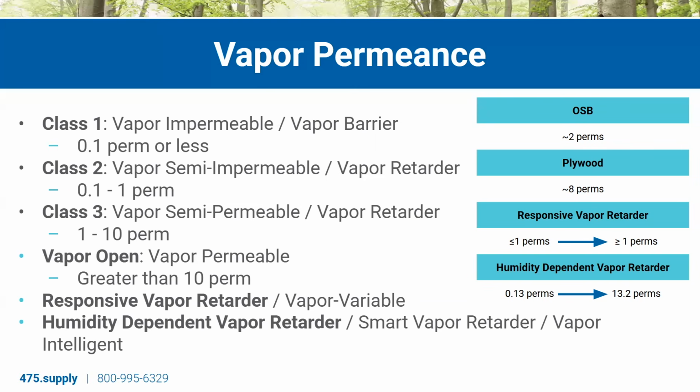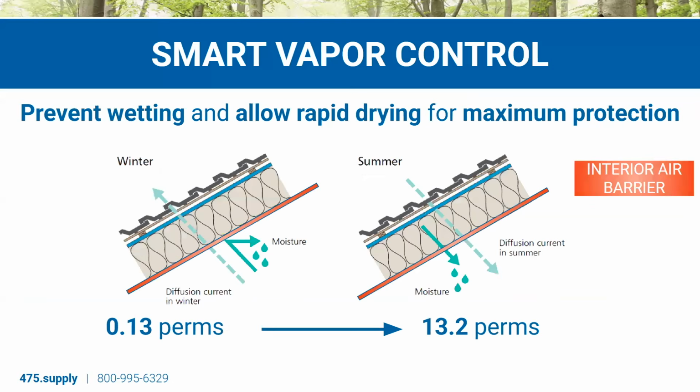So we get some vapor variable materials. Plywood is vapor variable, pretty much everything wood or paper based is. And then there's this newer technology, i.e. the Intello membrane, that's a humidity dependent vapor retarder that's responding to the relative humidity around the membrane and going from a class 2 vapor retarder at 0.13 perms to truly vapor open at 13.2 perms.